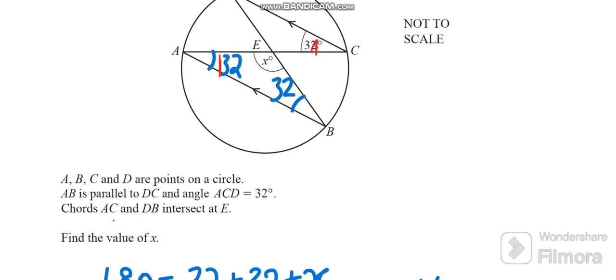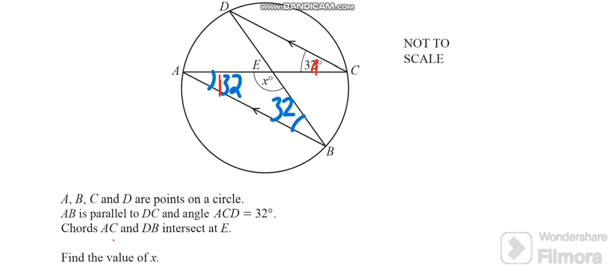The second thing is the line AC intersects at point E, and here we have equal distance of AE and AB. So the angle over here, which is EAB, will be the same as EBA.